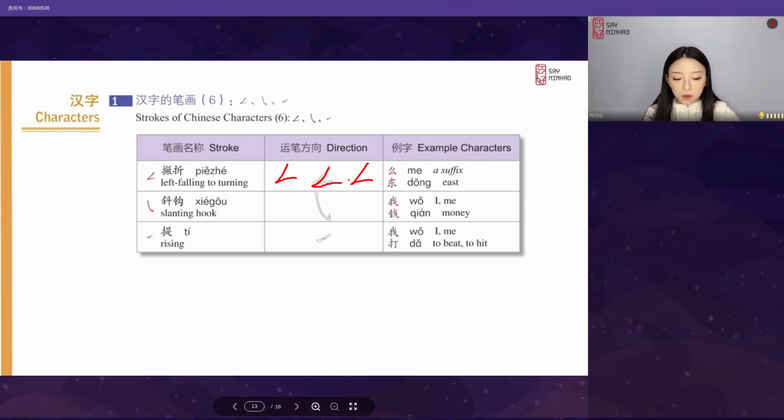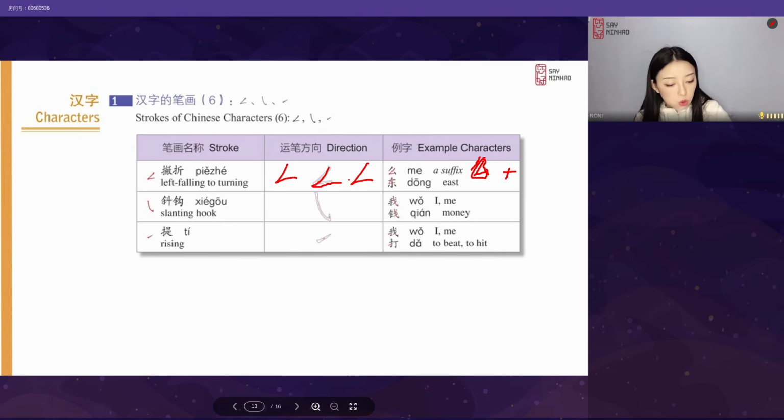Let's see the example. First one is 么 of 什么, okay? You can see 么 is written like this, and this part is the 撇折, left falling turning. And next one is 东, which means east.